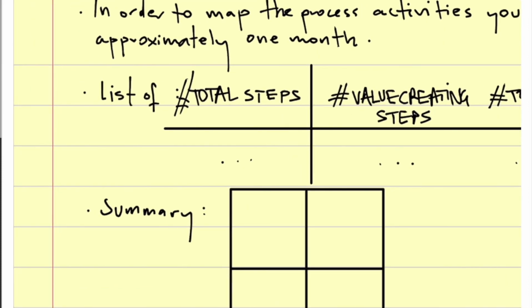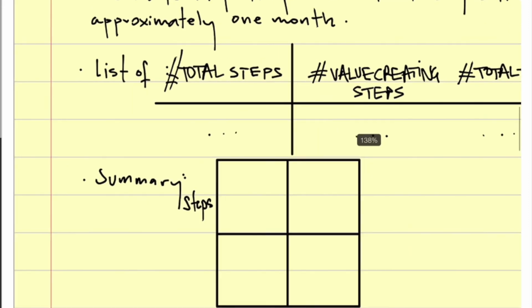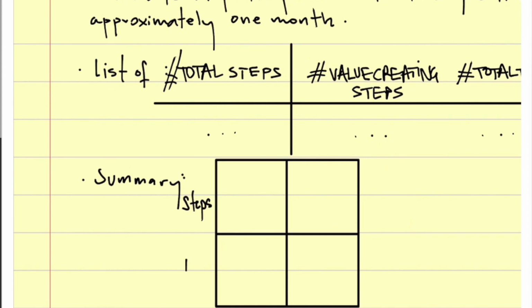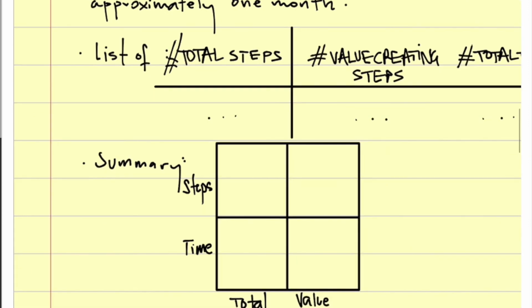In your summary, you get the following information. You get the number of steps. You get the amount of time. You say total, and value creating.